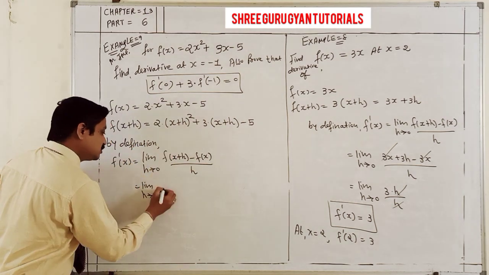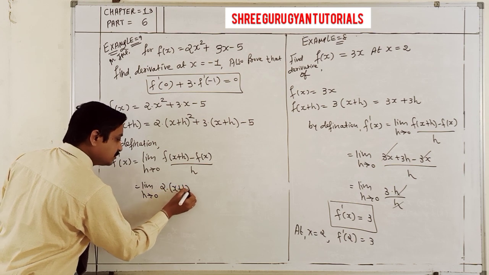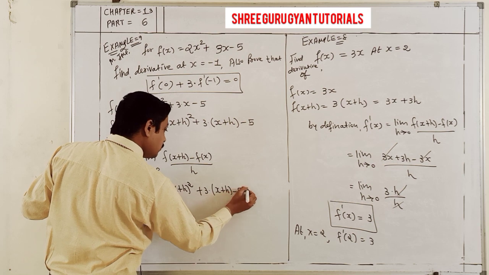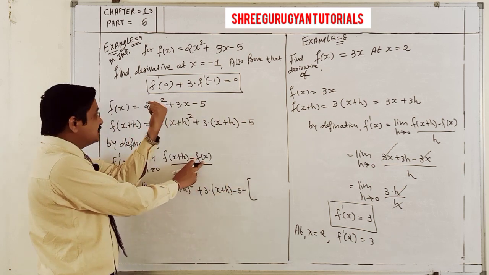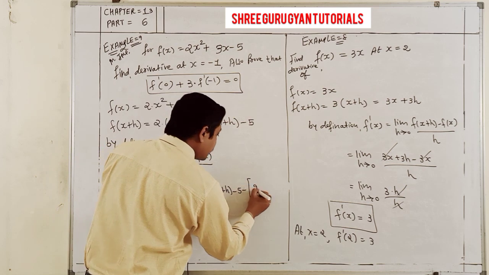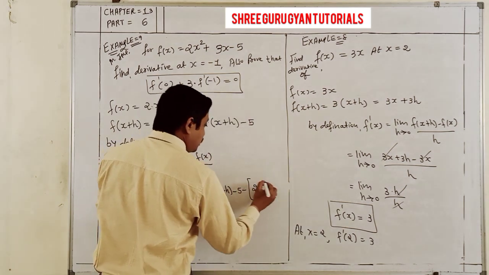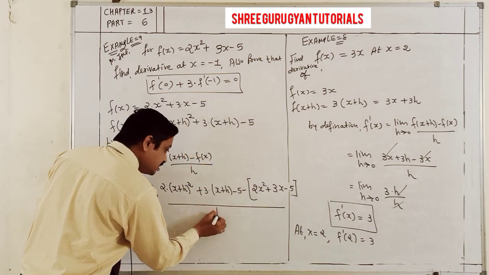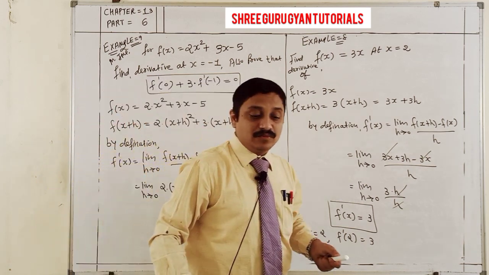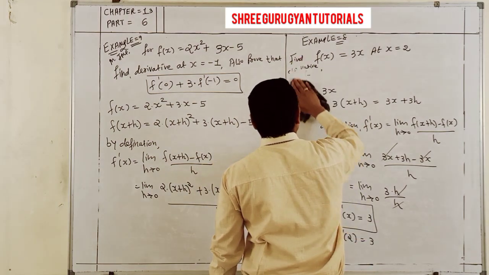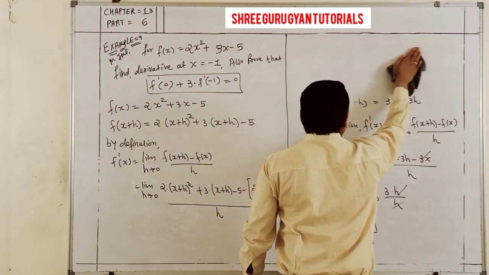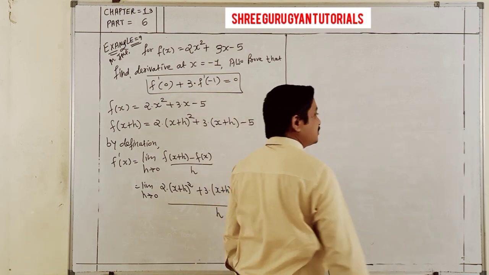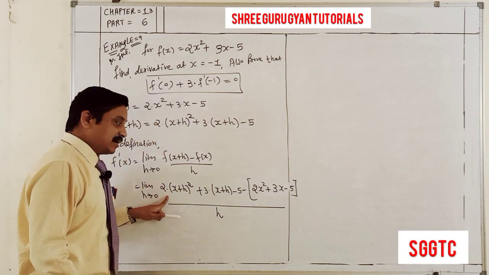So first, 2 times (x+h) whole squared, plus 3 f(x+h), minus f(x), which means this f(x) is 2x² + 3x - 5, all upon h. Now you will try to do the expansion systematically, one by one, all expansions, and like term cancellations. So here I expand it totally.